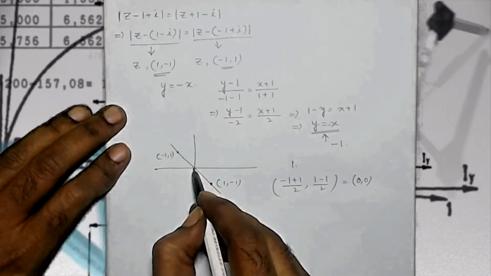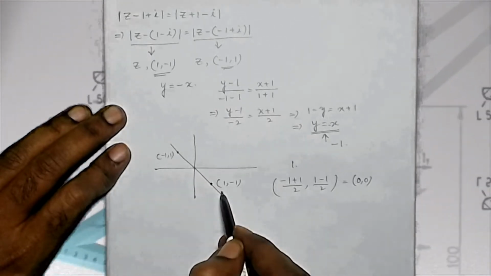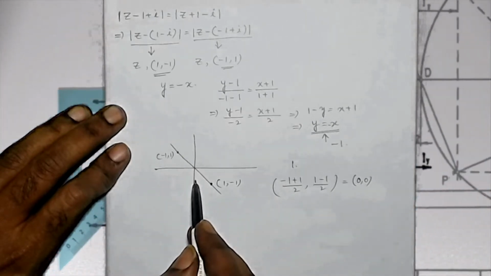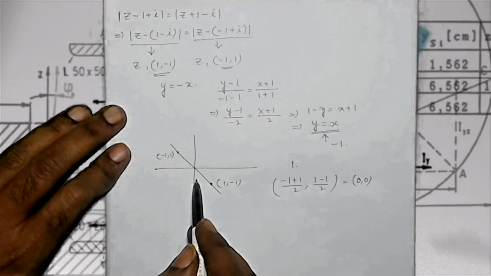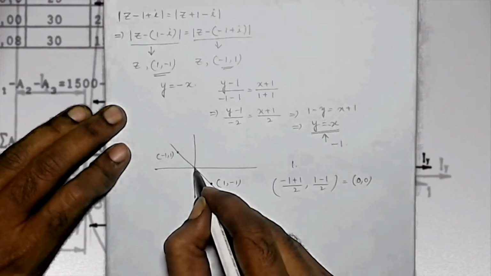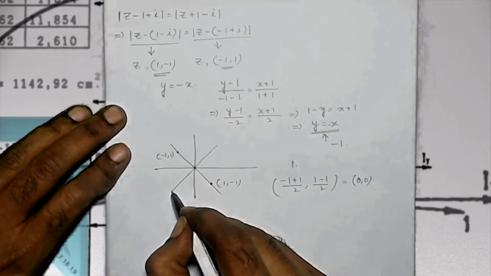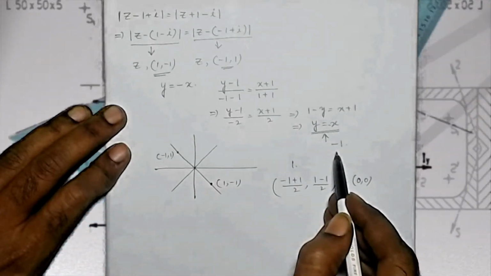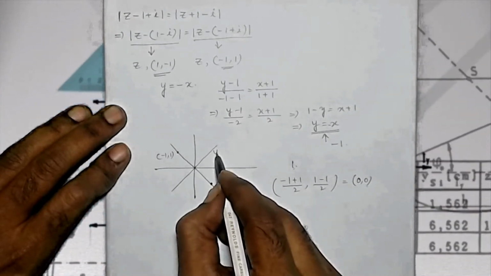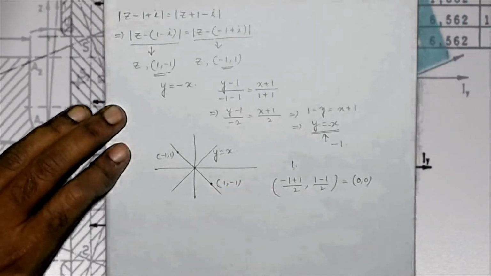Therefore, the equation of the line which is the perpendicular bisector of the line y equals to minus x is a line which will have a slope of 1 and passes through 0 comma 0, which is nothing but y equals to x.